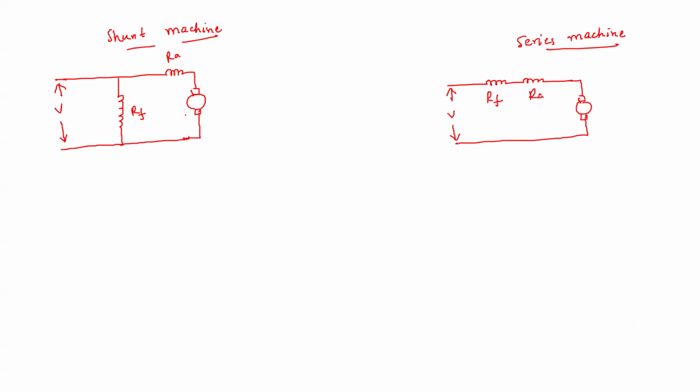Now we have derived first of all that the mechanical power developed is given as EB into IA.